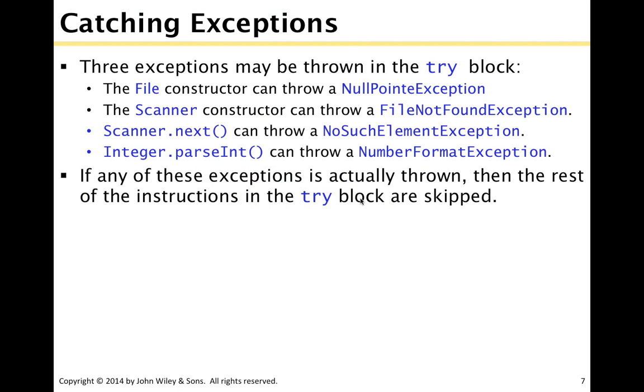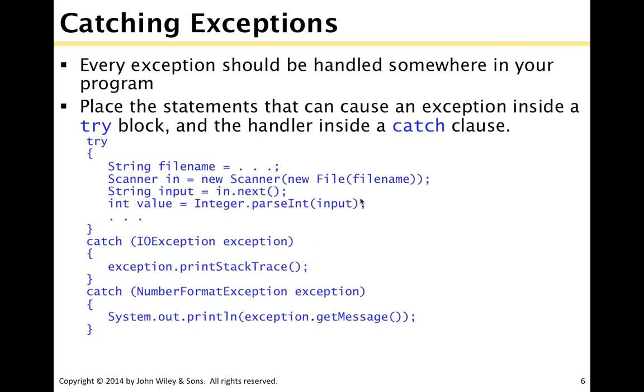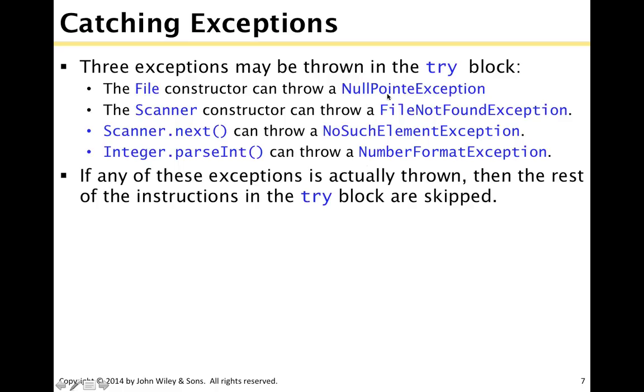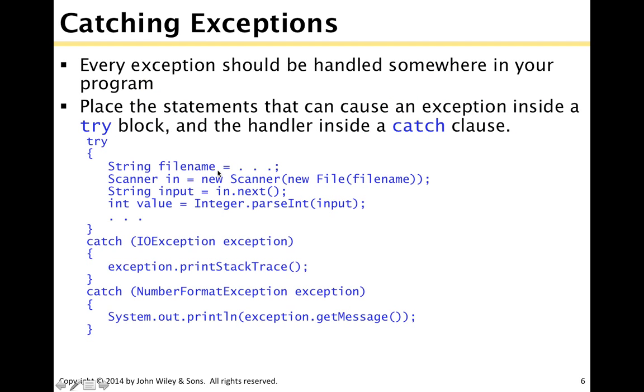So what it means is that when you call the File constructor, if you didn't assign a value to the file name and it was null, then an exception is thrown, which is a NullPointerException. There is a typo, the r is missing. Then the Scanner constructor takes one File object.